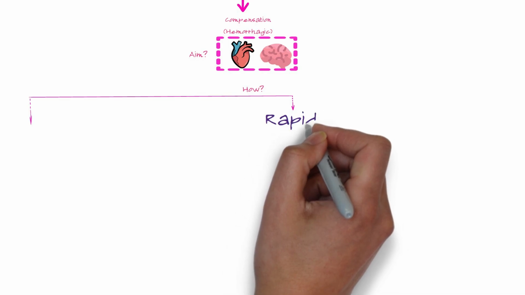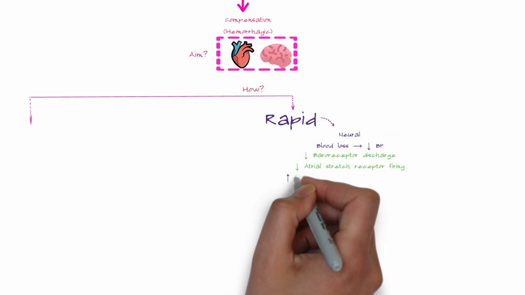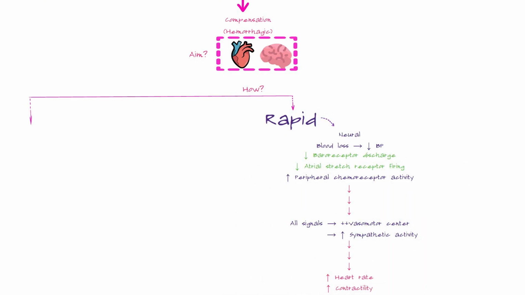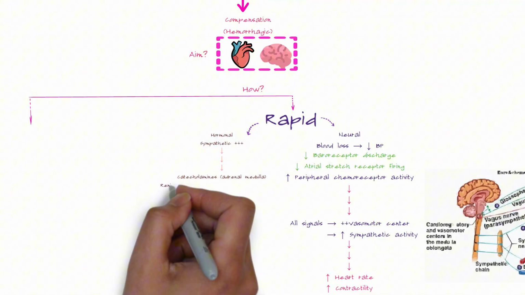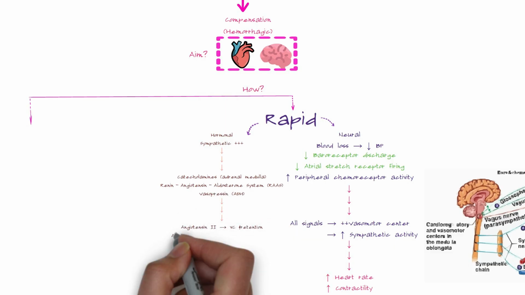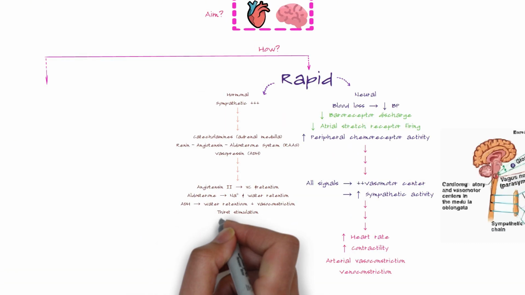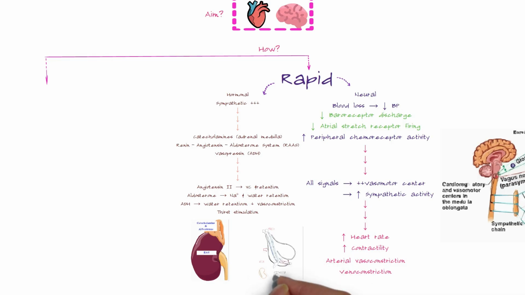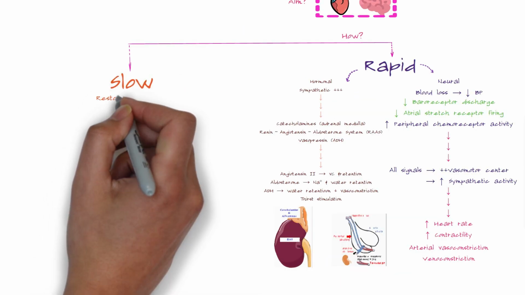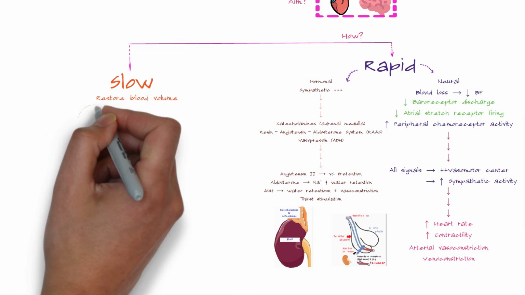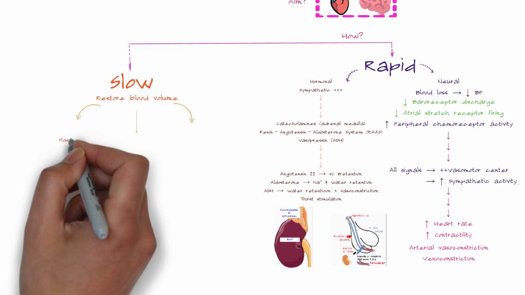We explored the rapid compensatory mechanisms, which are neuronal and hormonal. For neuronal, we have three: baroreceptor, stretch receptor, and chemoreceptor. For hormonal, we have three: catecholamines, RAS, and vasopressin. Then the slow compensation aims to restore the plasma volume, albumin, or the RBCs.